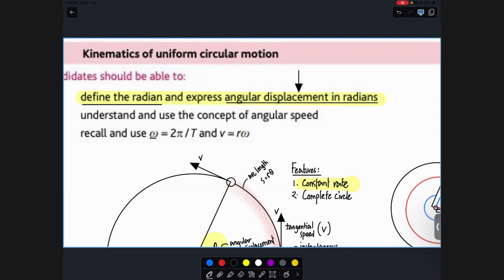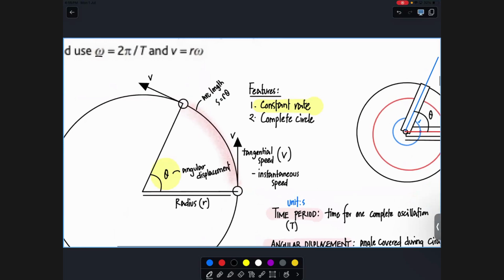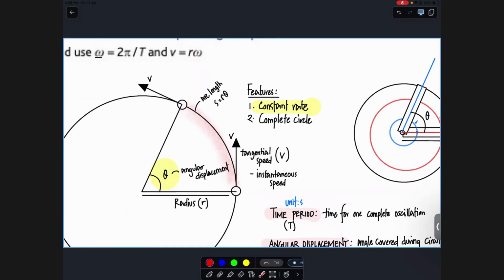So, surprising, which I think is normal. I don't know why they know it, because it's not supposed to be a thing. Basically, a radian is the angle subtended at the center of a circle such that the radius is equal to the arc length.